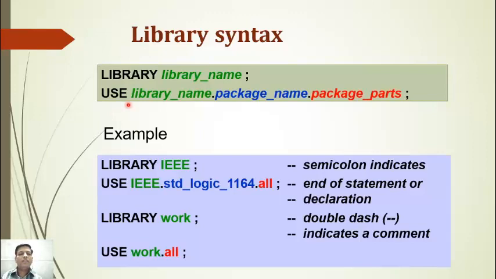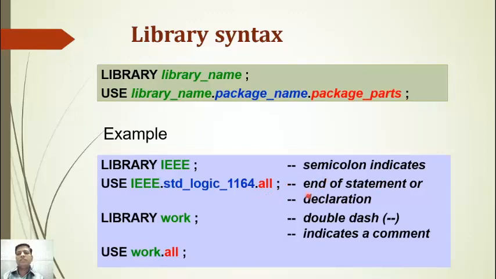For that we consider one example of how to declare the library. Here we are declaring the library IEEE. For that use clause, use IEEE dot package name std underscore logic underscore 1164, then package parts all. So here is the example for the syntax of library: library IEEE semicolon, use IEEE dot std underscore logic underscore 1164 dot all.